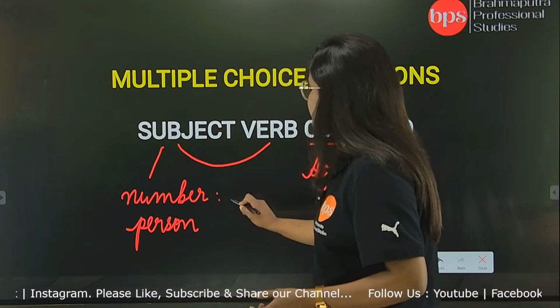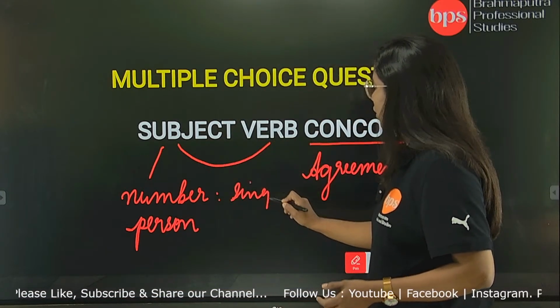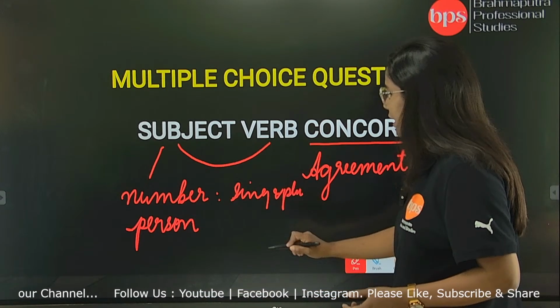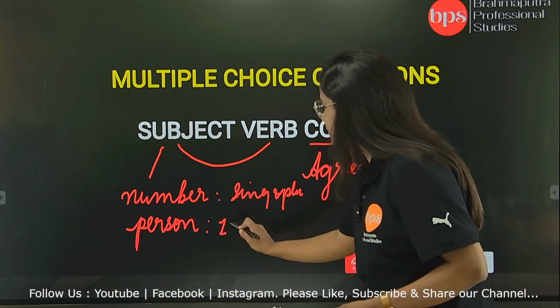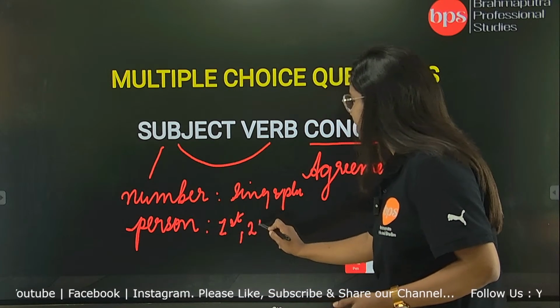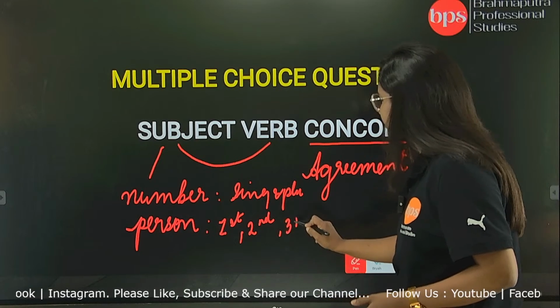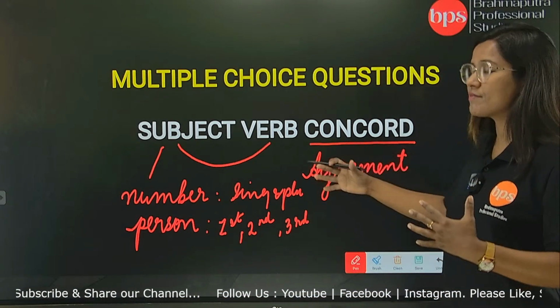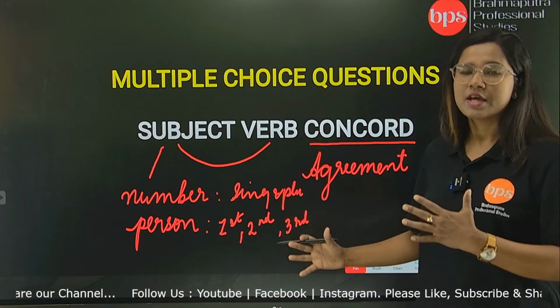So number may be singular or plural, and person may be first person, second person or third person. So depending on the number and person, we have the subject verb agreement.